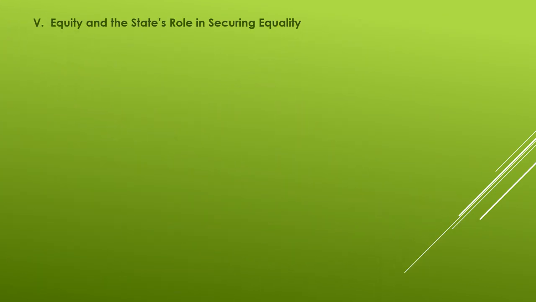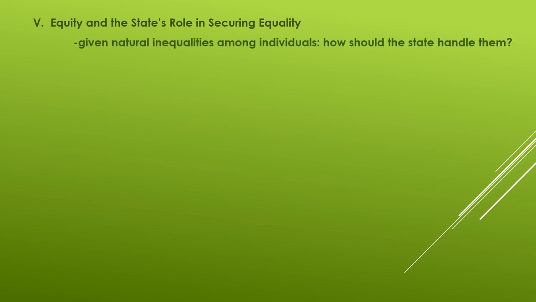Finally, and here's where I really wanted to clarify some things for you, we want to talk about how a state treats individuals, because there are always natural inequalities, or at least there always have been, and looking into the future, we never know. But there are natural inequalities.